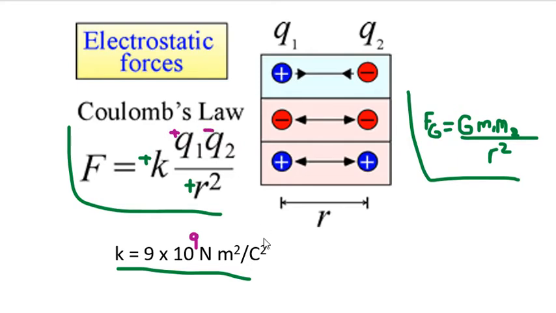If I put numbers in this way, I would get a negative force because I have a positive number, a positive number, a positive number, and then I got a negative number. So that negative number is going to turn everything negative. If I look at the second one, well, Q1 is negative, Q2 is negative.